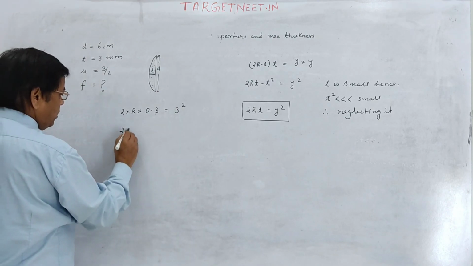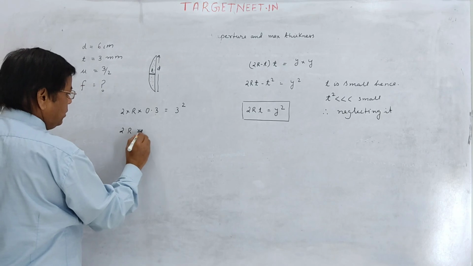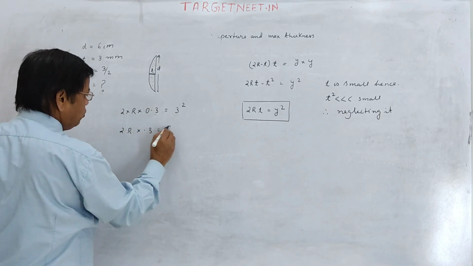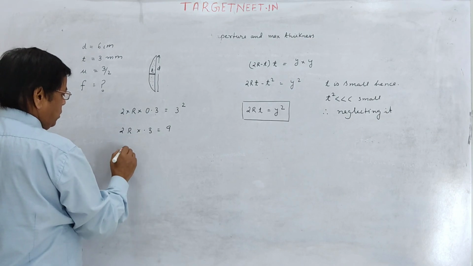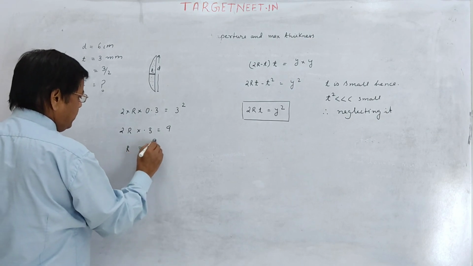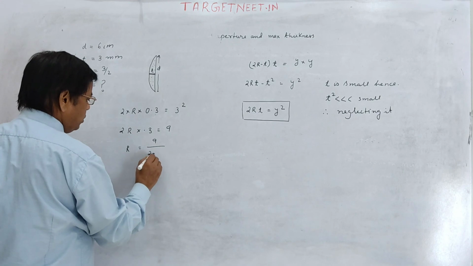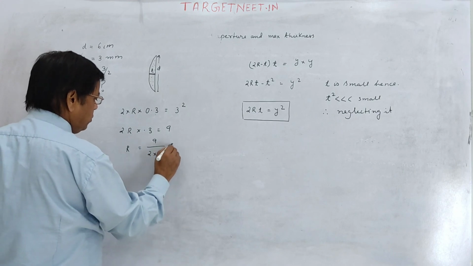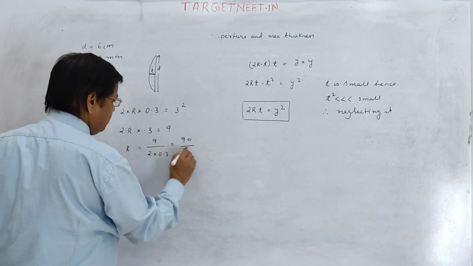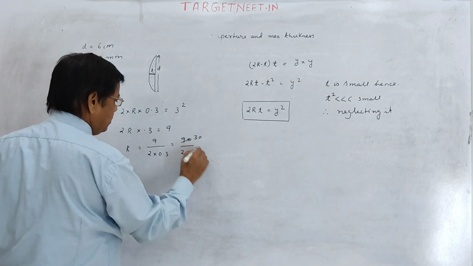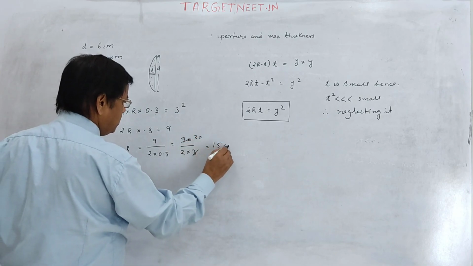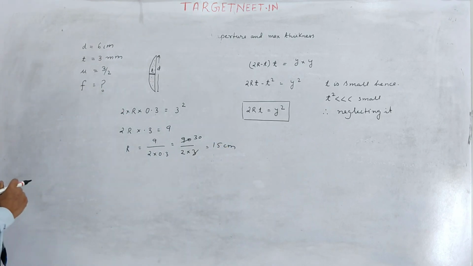So 2R into 0.3 is equal to 9. So R will be 9 divided by 2 into 0.3, or 90 divided by 2 into 3. This is 30. So it is 15 centimeter. So R is 15 centimeter.